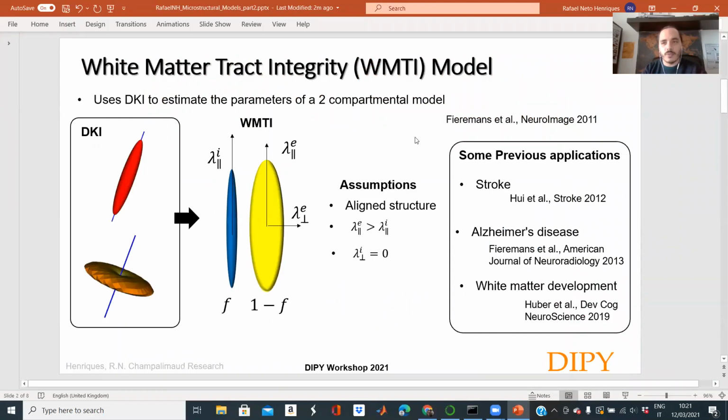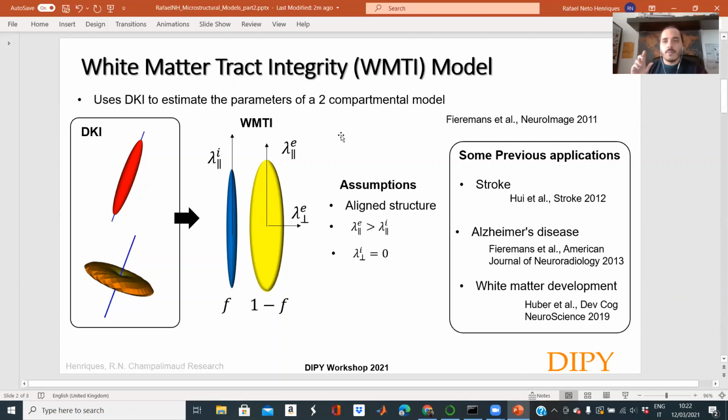This basically is a two-compartmental model, and it has a special feature. So instead of trying to fit this two-compartmental model directly to the diffusion-weighted signals, it tries to extract these compartments using the diffusion tensor and kurtosis tensor.